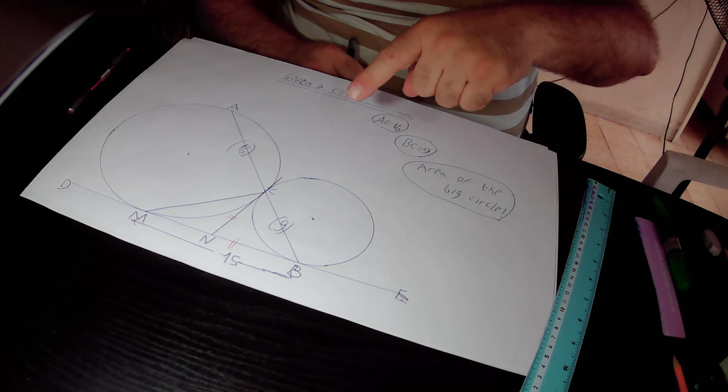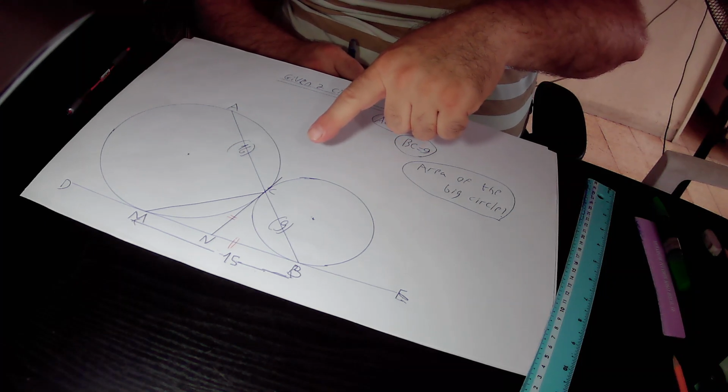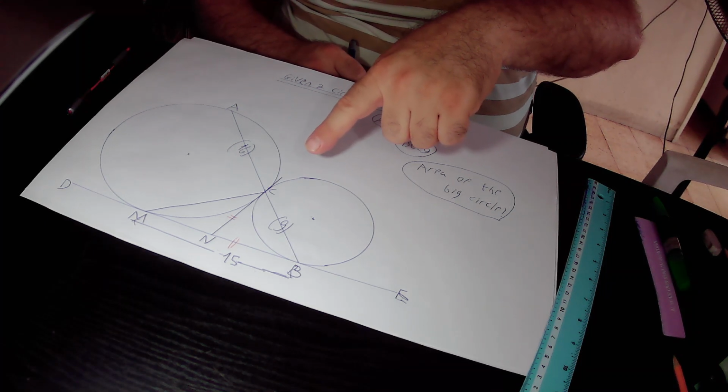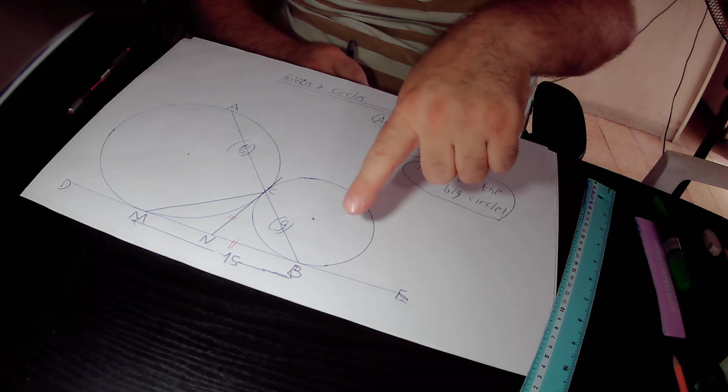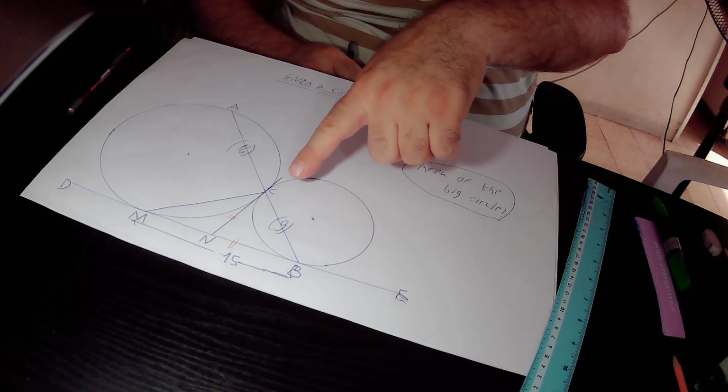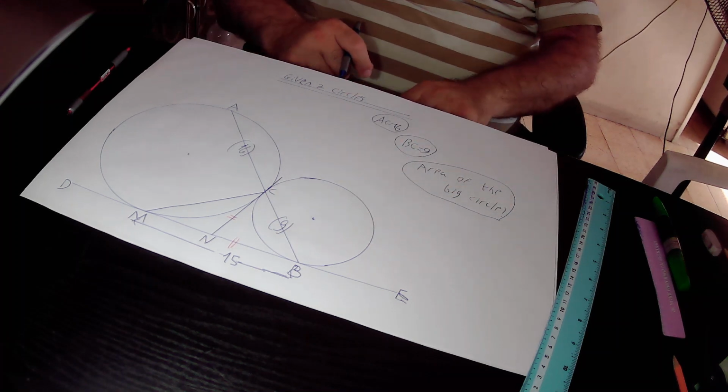So I'll copy the right triangle. It is not a right triangle. I'll copy triangle CNB in a new page, and we'll analyze this triangle CNB.